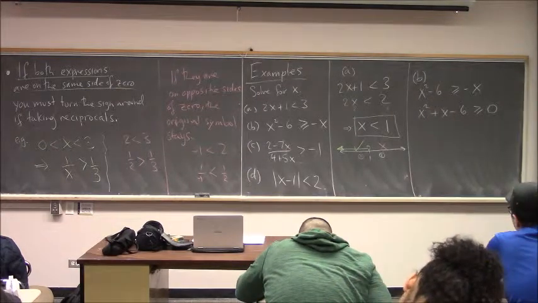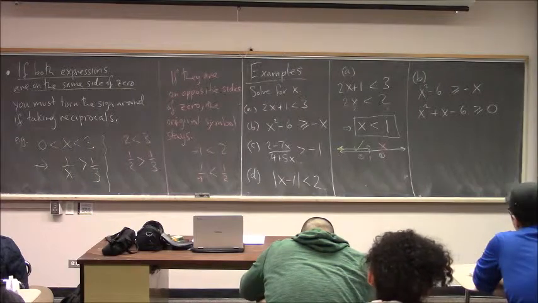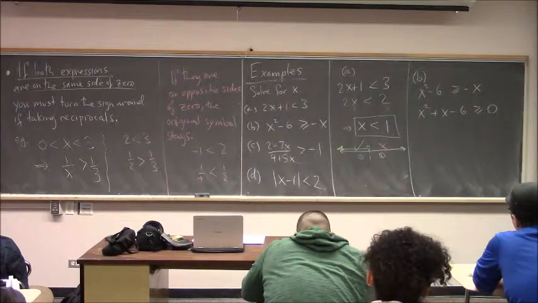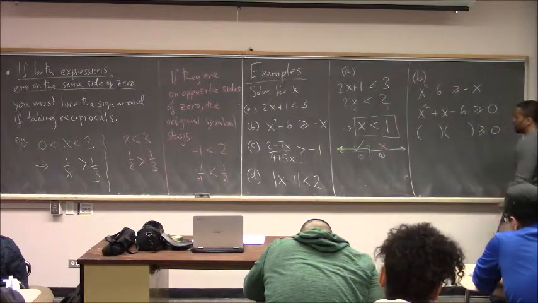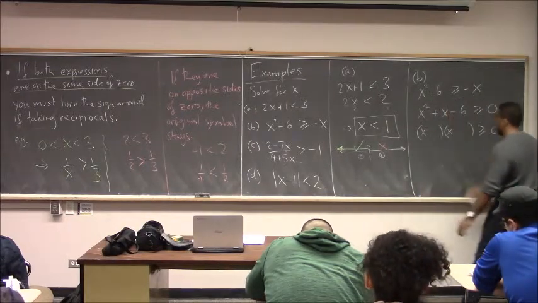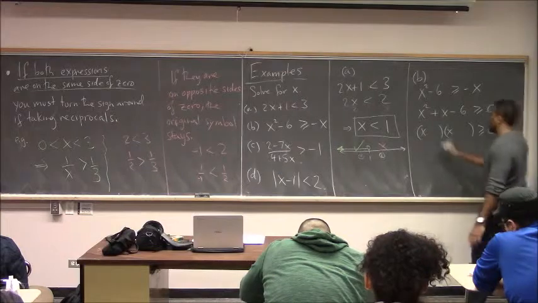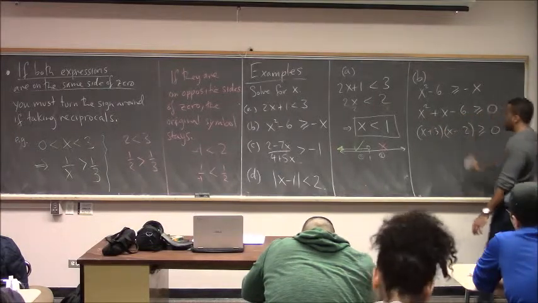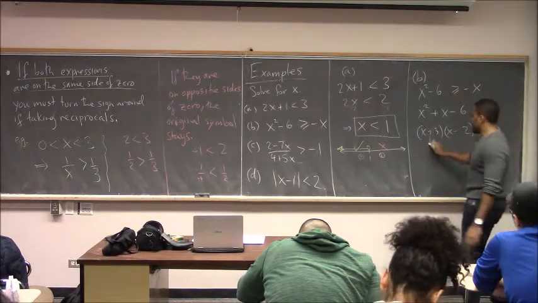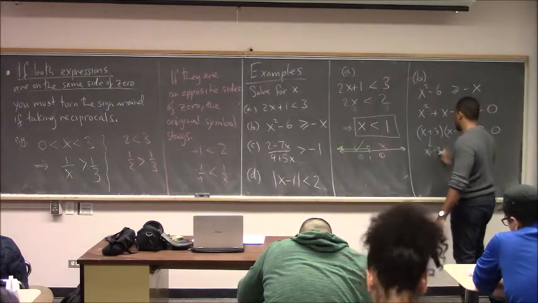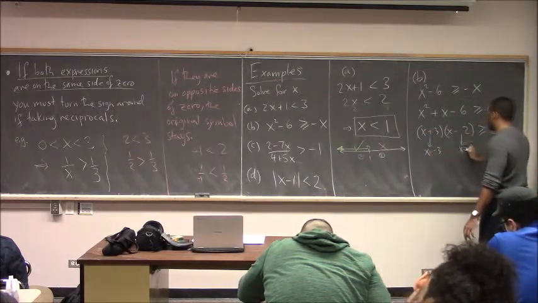Then what? Factor. That would be the next step. So we have x and x. What does that factor into? Plus 3, minus 2. And so now from this you get x equals minus 3 and x equals 2.